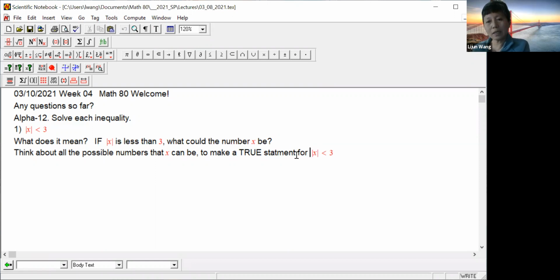Every such number will be part of the solution.